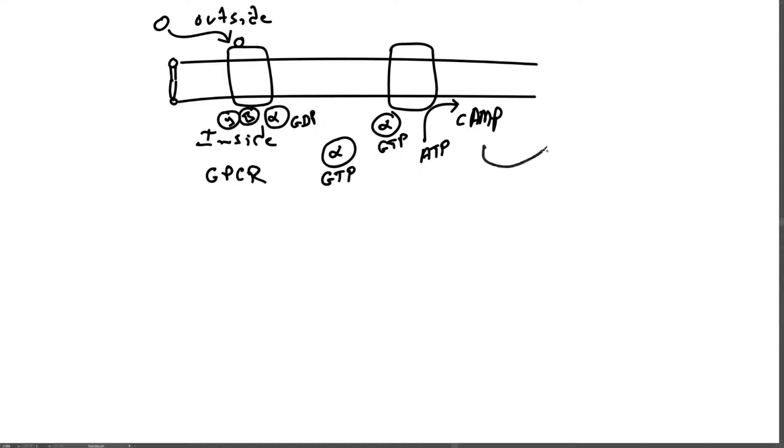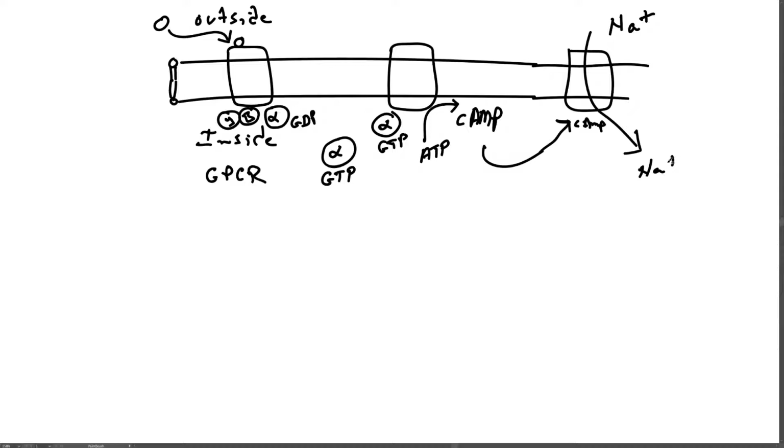And then cyclic AMP goes downstream to affect another transmembrane protein, which is a cyclic AMP gated ion channel. So now you have cyclic AMP here, and that opens a door and allows ions from the outside of the cell to the inside of the cell, and this is sodium, and that depolarizes the cell.